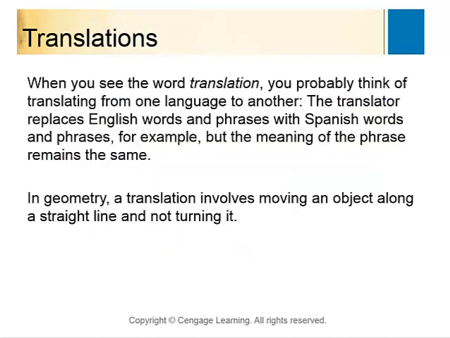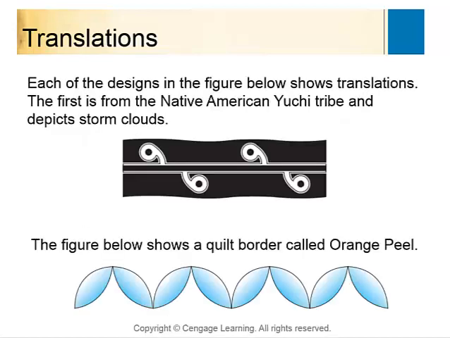When I look at the word translation, we typically think about going from one language to another, but in geometry it just means moving an object along a straight line and not turning it. That is a translation. So let's look at this object right here. If you'll look at that object as those two pieces, I have moved those two pieces along that straight line.